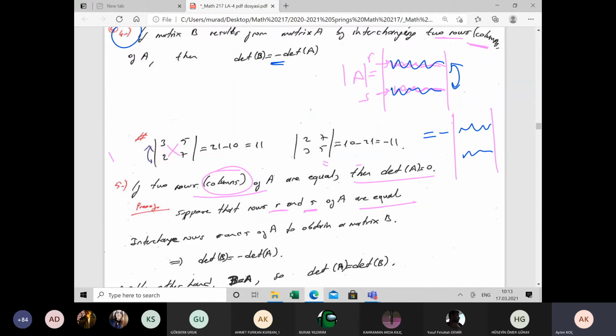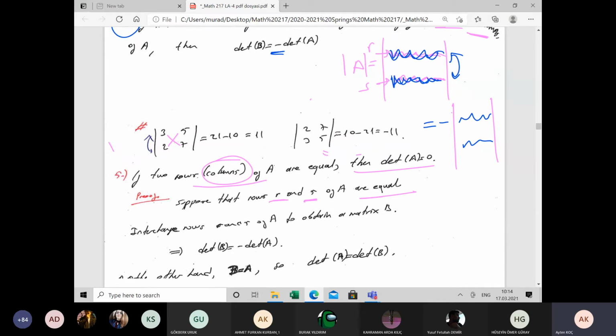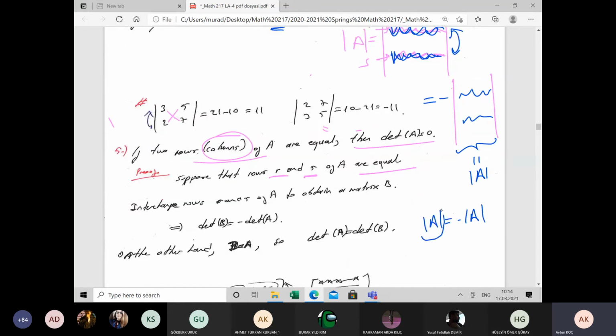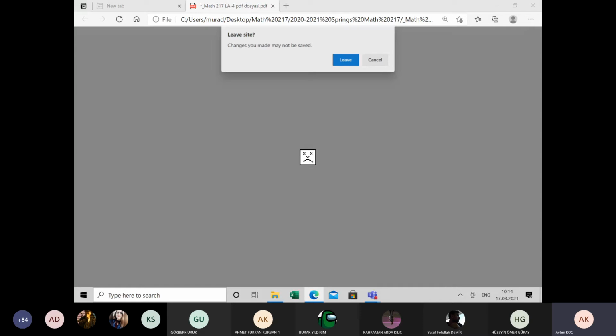But we know that this row and this row are equal, so this gives the same determinant of A. So we obtain that the determinant of A is equal to minus the determinant of A. The determinant of A is a real number, but equal to the same real number with a minus sign.